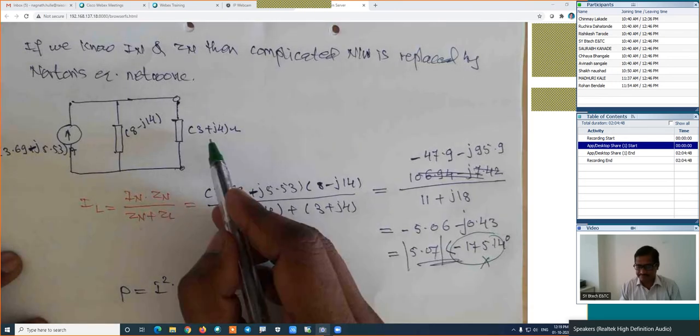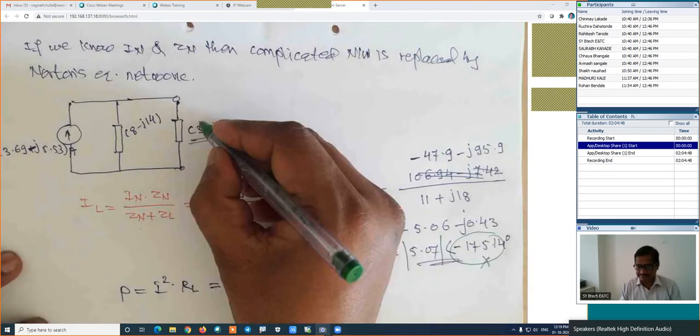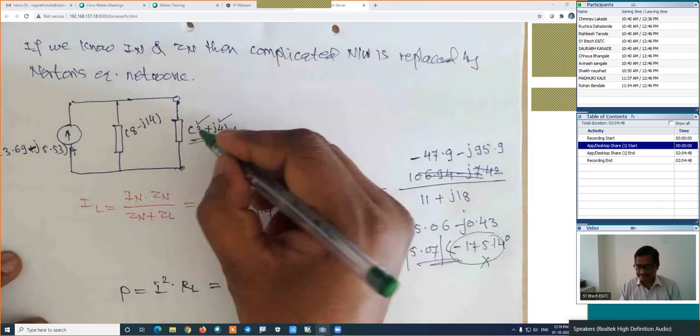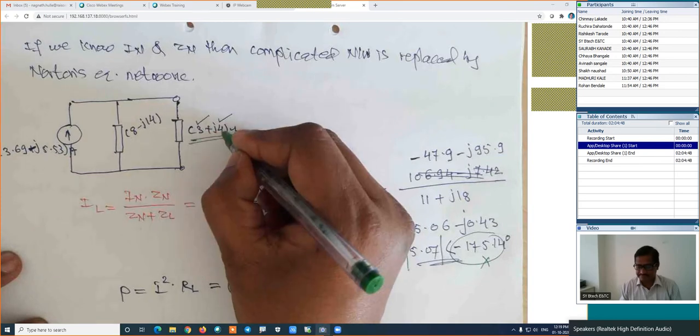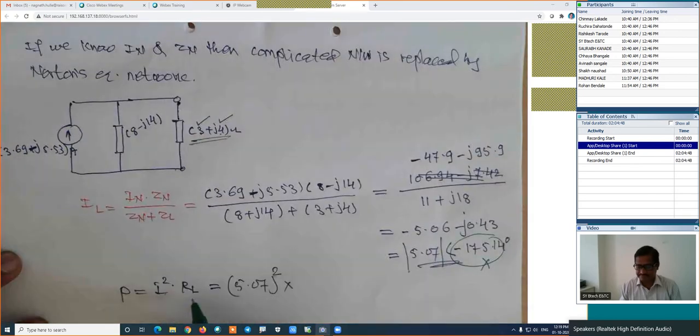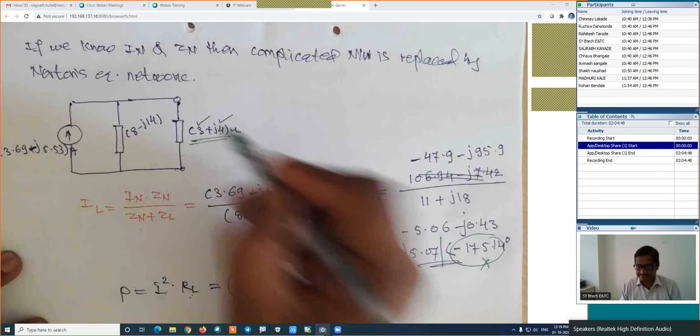This is the load impedance. This is RL and this is XL, load resistance and load reactance. We are interested in RL because the power formula is I square into RL, not ZL. How much is RL? 3. So it is into 3.